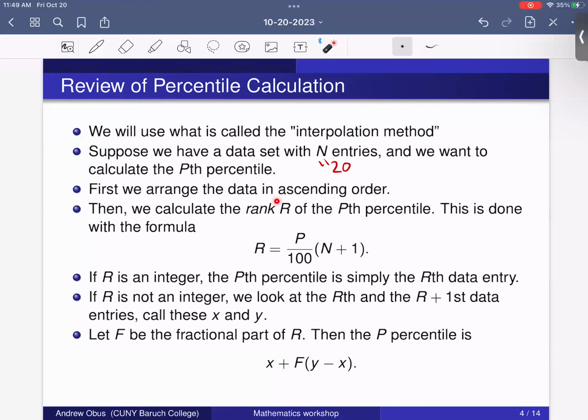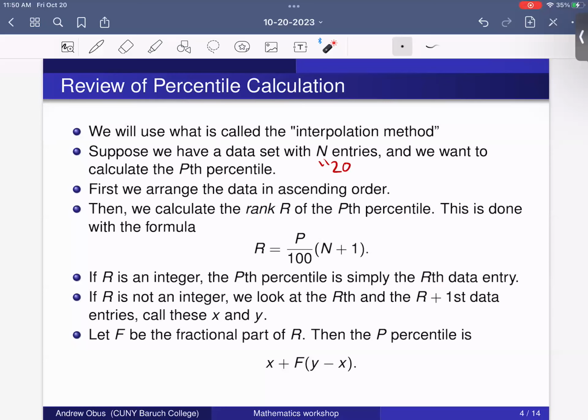Then we have to calculate the rank. This preliminary calculation takes the number of measurements plus 1, and multiplies by the percent: for the 60th percentile, you multiply by 0.6; for the 70th, by 0.7, and so on. If you get an integer, you just take the rth data entry.